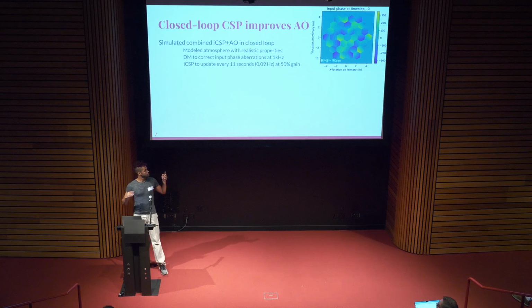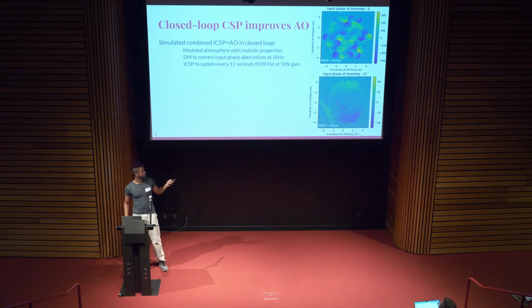Then I have a wavefront coming through a somewhat realistic atmosphere being incident on this primary, and then going to the adaptive optics system that is operating at 1,000 times per second to minimize all phase aberrations. And then independently, we have the CSP that's integrating at around 11 seconds. And over 3 simulated minutes, what we end up seeing is that the phase aberrations are almost entirely eliminated, down to below the initial requirements from the edge sensor system, to less than 10 nanometers.